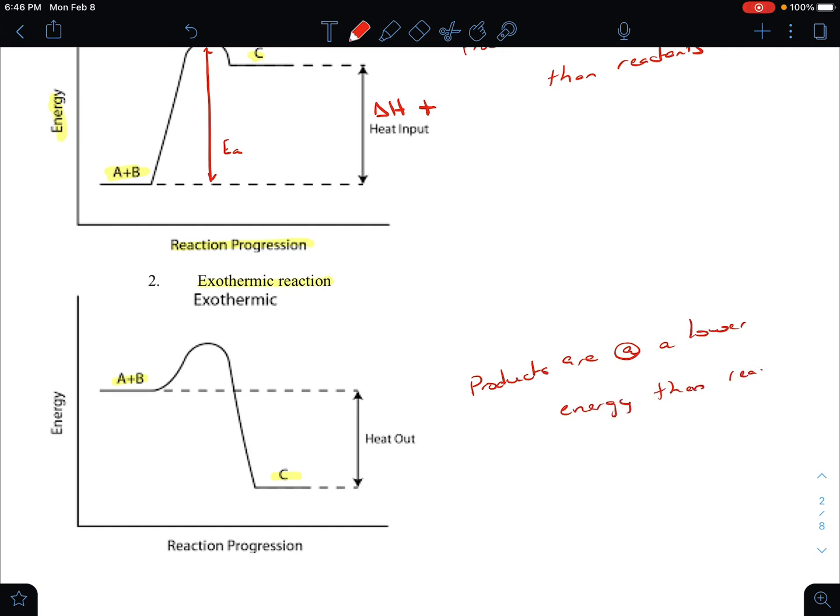This is heat out, so we're going to have delta H being negative here. If delta H is negative, that means we have an exothermic reaction because heat or energy is being released. Energy released here, and up here, energy is absorbed. All right, so that's the video. See you next time.